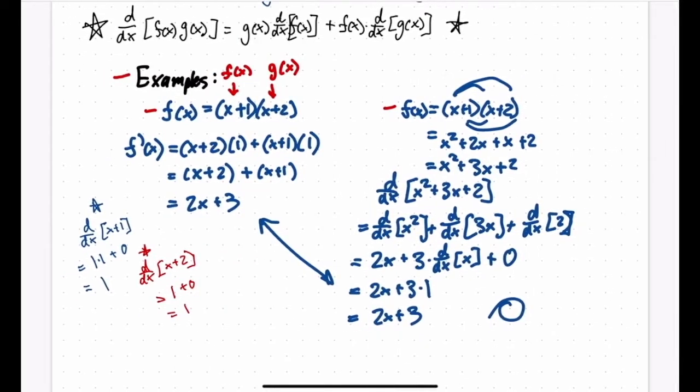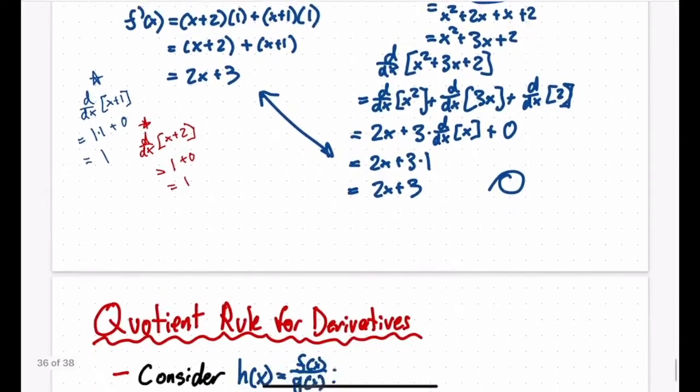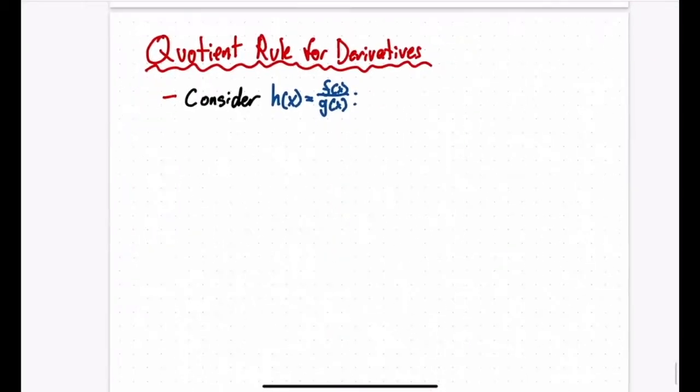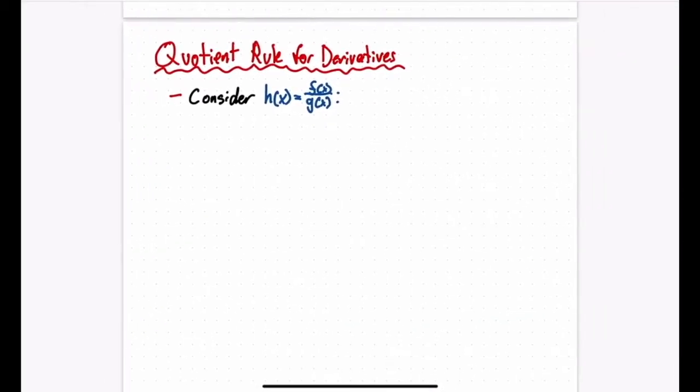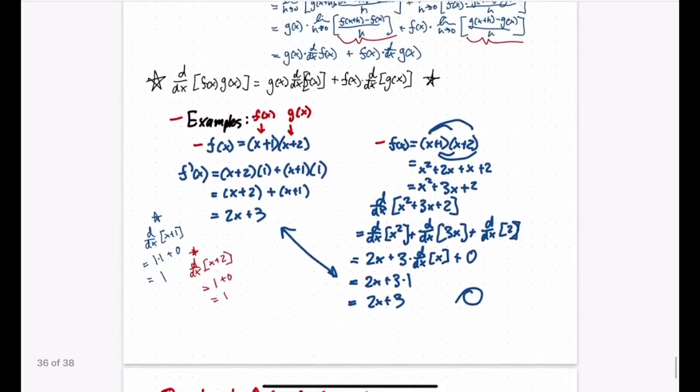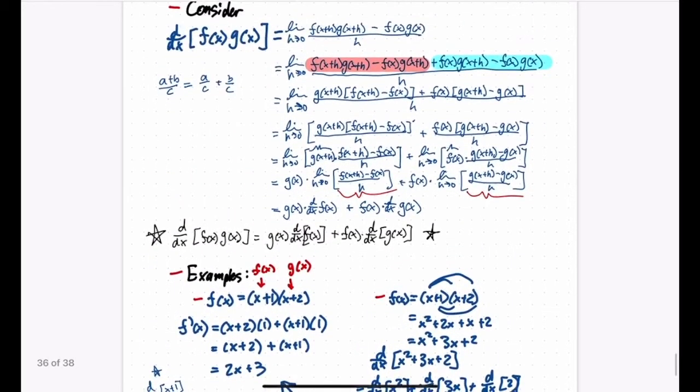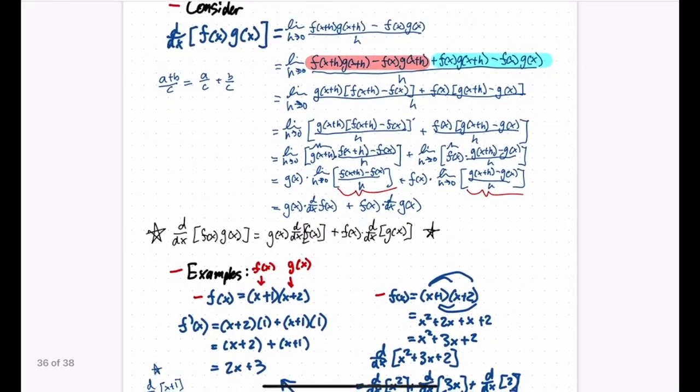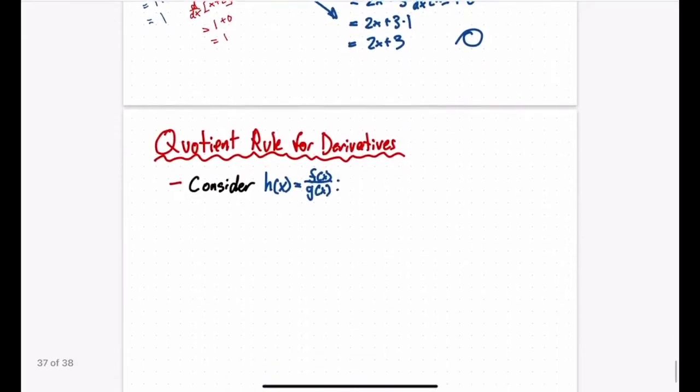All right. So, on to our very last one. This is the quotient rule for derivatives. So we proved when we have the derivative of two functions being multiplied together. Now we want to try to prove when we have the derivative of two functions being divided.